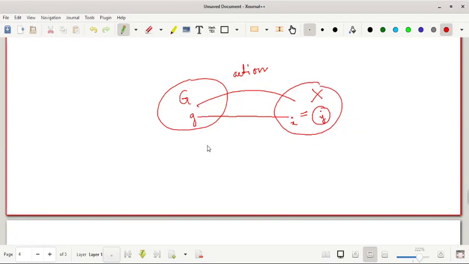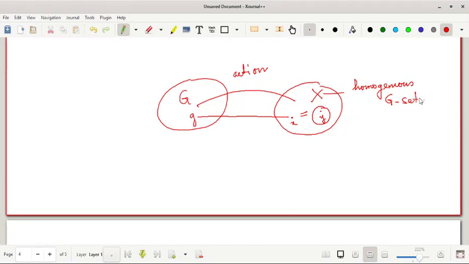And if G acts on X transitively, then X is called a homogeneous G set. In general, if G acts on X, X is called a G set.